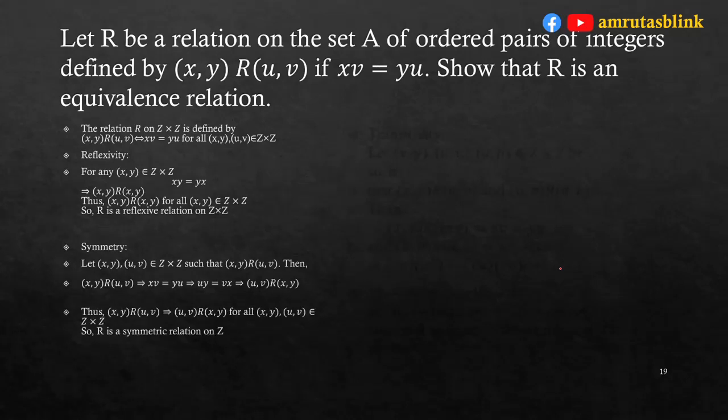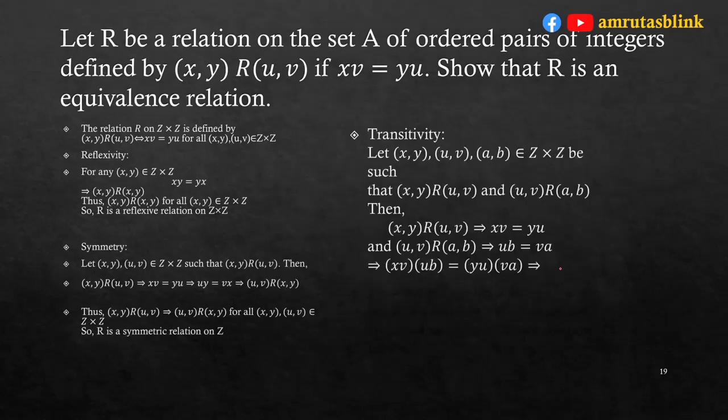Now we'll check whether it is transitive. Let's suppose (x, y), (u, v) and (a, b) belong to Cartesian product of Z such that (x, y) is related to (u, v) and (u, v) is related to (a, b). Once we say that (x, y) is related to (u, v), that means xv equals yu. Similarly, (u, v) is related to (a, b), that means ub equals va.